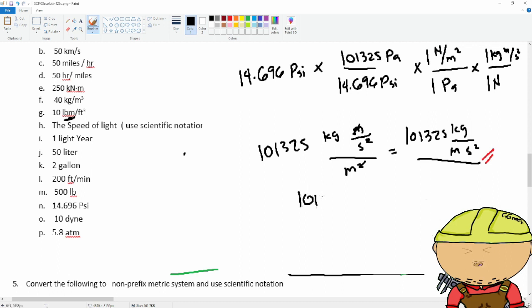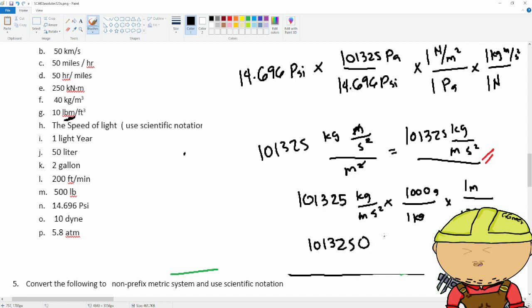Okay? If we're going to convert to CGS, kilogram per meter second squared, 1 kilogram is 1,000 gram and 1 meter is 100 centimeter. And that will become 101,325 times 10 to the 5.